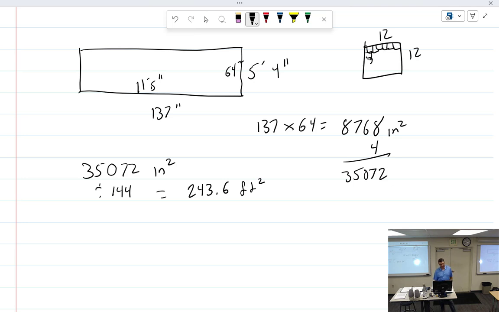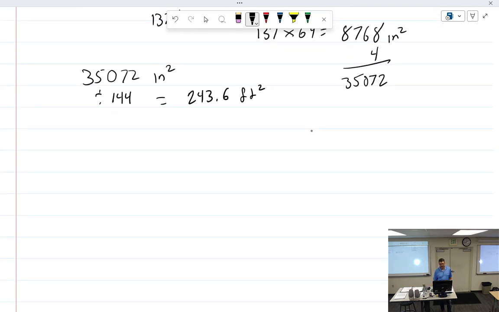What if I want to convert this to yards? There's 3 feet in a yard. Divide by 9. Well, wait a minute, there's only 3 feet in a yard. Square inches to square yards, let's look at it down here.